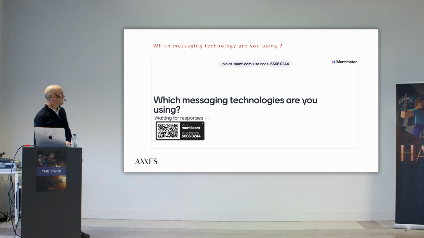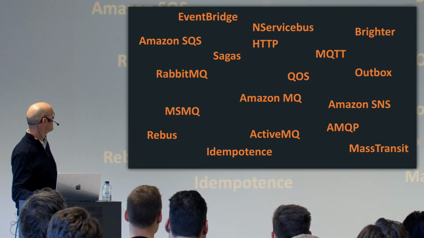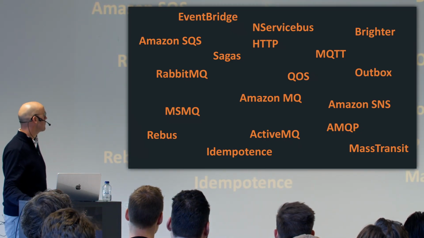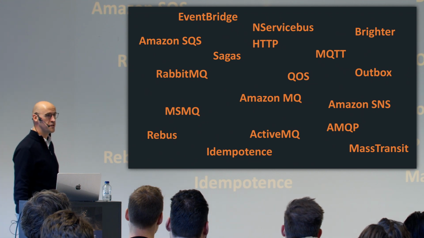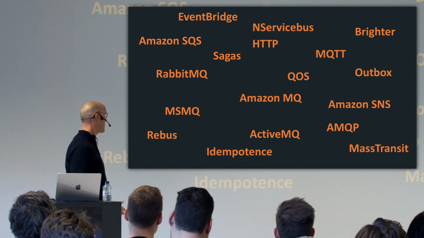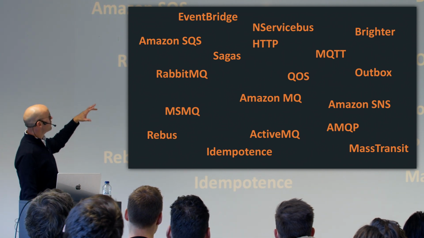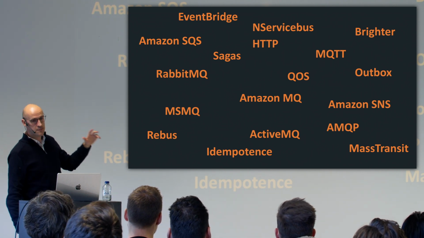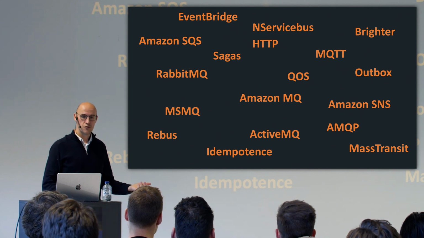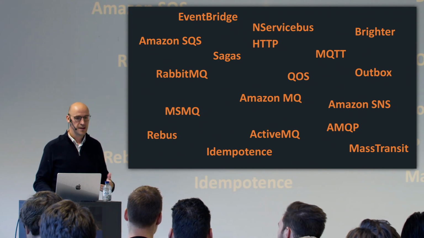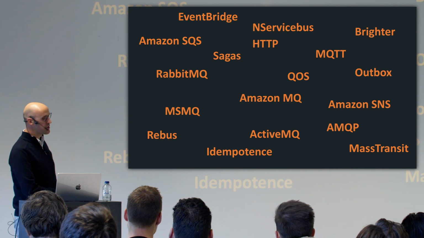Well, I was hoping for a word cloud like this, and in my slide it looks more like this, but I think it's rather the same. We have a lot of technologies that are popping up at that moment. For example, we have EventBridge and Service Bus, MQTT, QoS, ActiveMQ, AMQP, all these kinds of technologies.